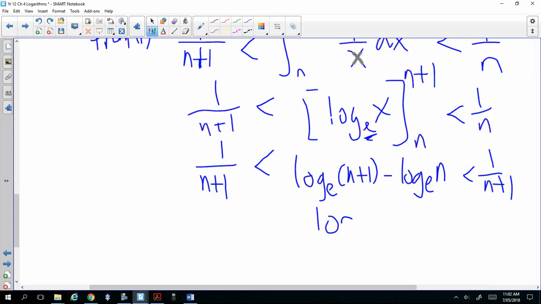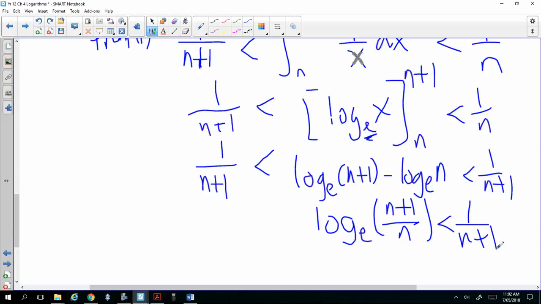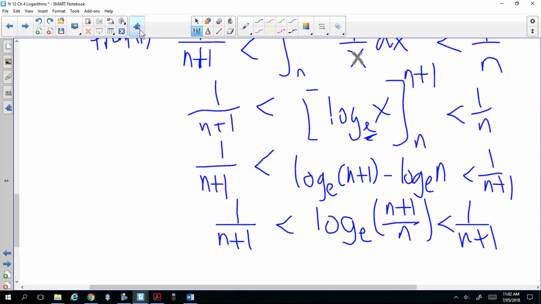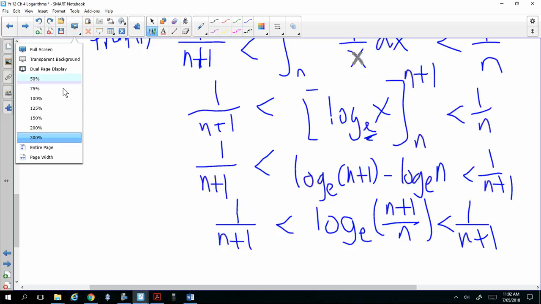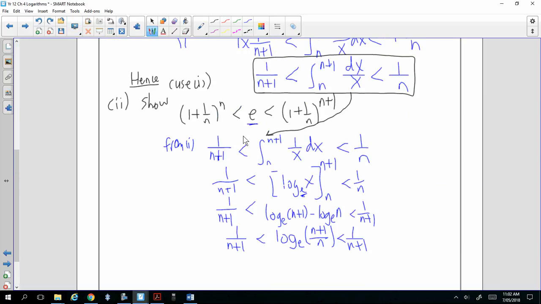That's what we got so far, isn't it? But we have to make the e appear. Okay, so we want to make e appear. The question was 3 marks, so maybe you only get 1 mark by getting to this stage. So the question is, how do I make it look like this?